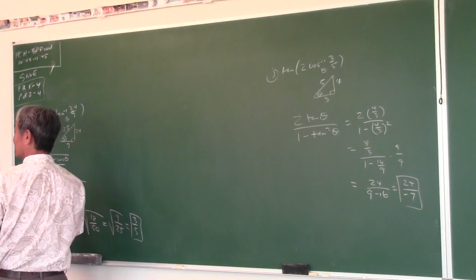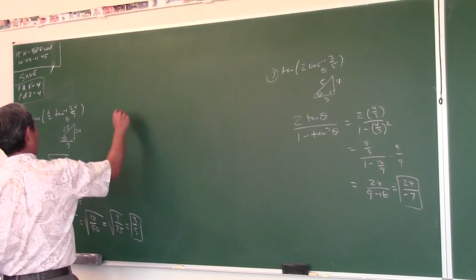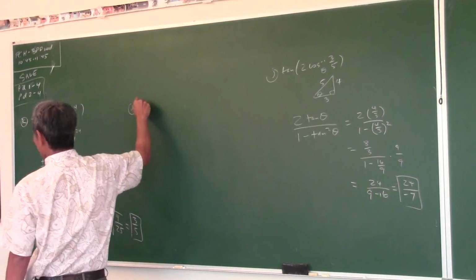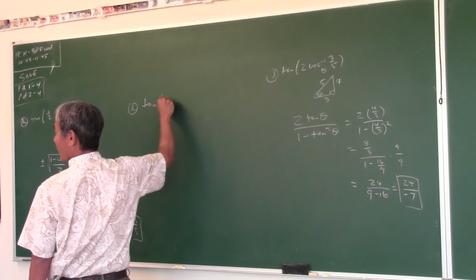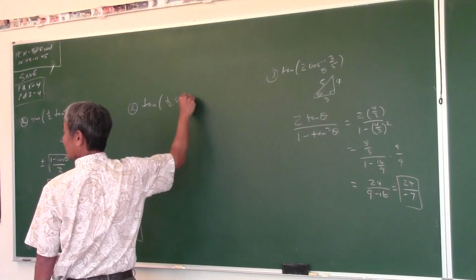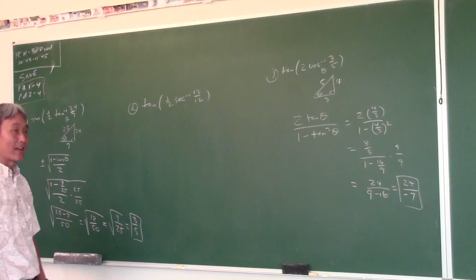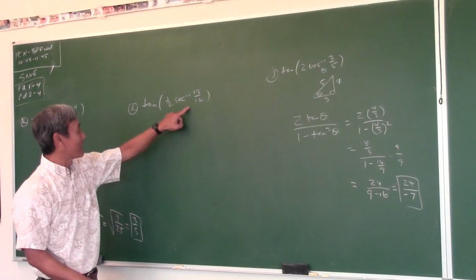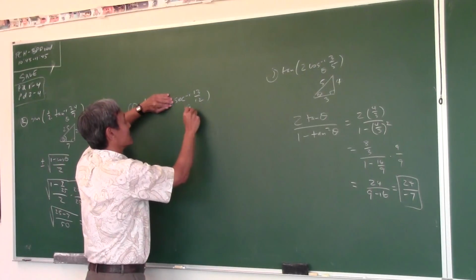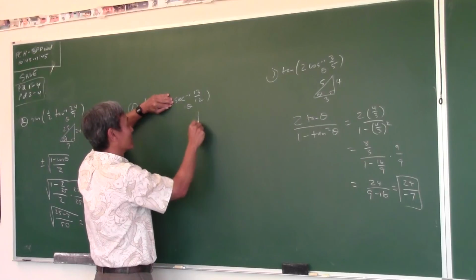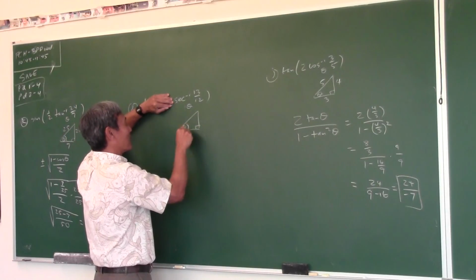Oh yeah. L. Tan of 1/2 secant inverse 13/12. Again, you're gonna have to use half angle identity because this is half of an angle. This is an angle measurement. I don't know it, so I'm gonna draw the picture. Mr. Park, I don't like secant.